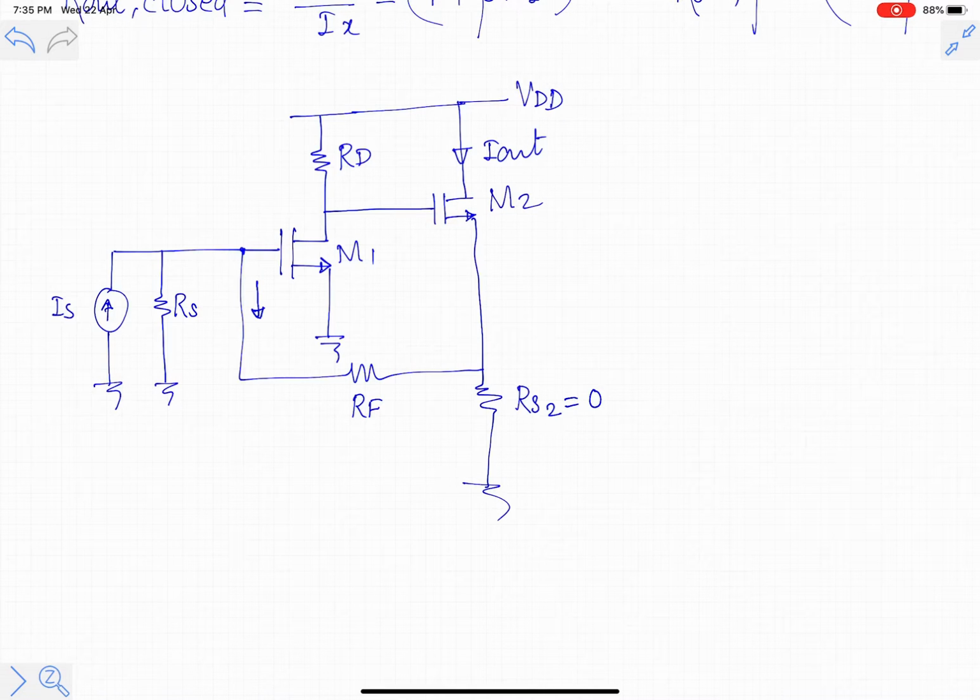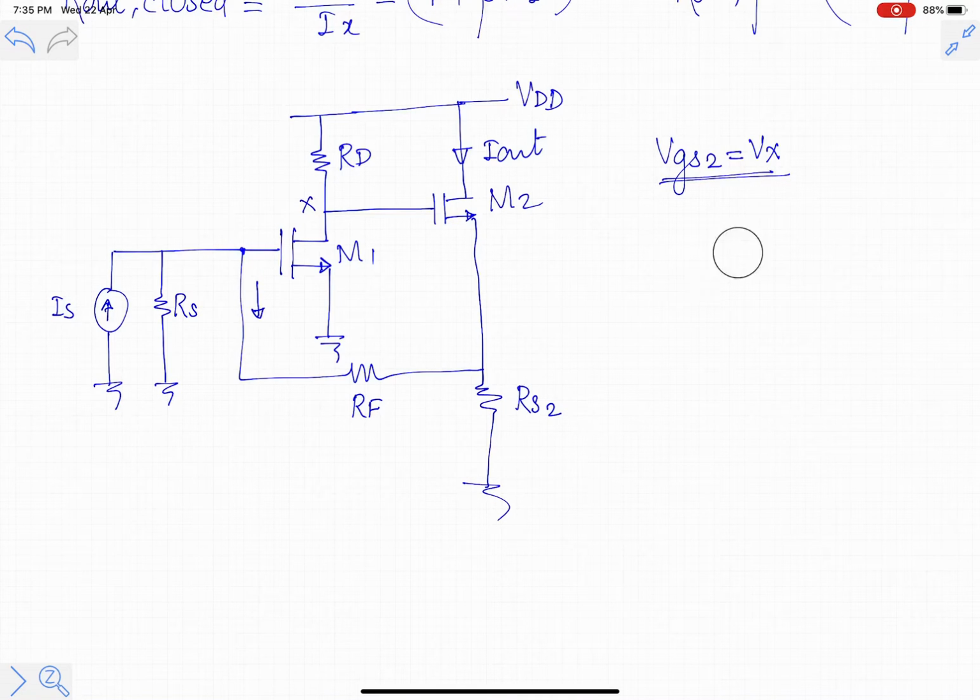So VGS for this M2, VGS2, if I say this is Vx, is equal to Vx. So this is the condition for no loading. VGS2 should be equal to Vx, and that is possible only when RS2 is very close to zero.